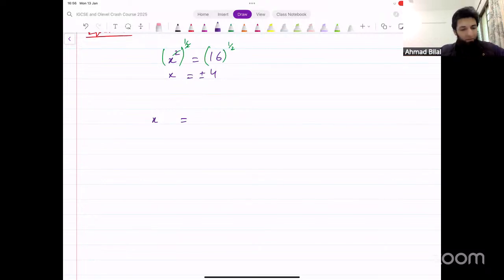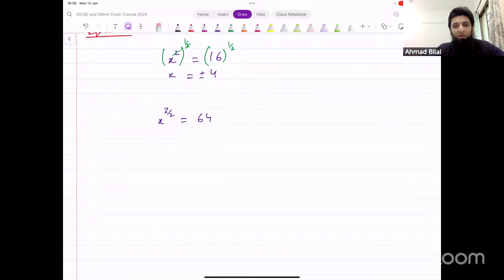That would not work. Yeah, let's try x power 3 over 2, and we had, let's say, 64 on the other side. Okay, x raised to power 3 over 2, that equals 64.